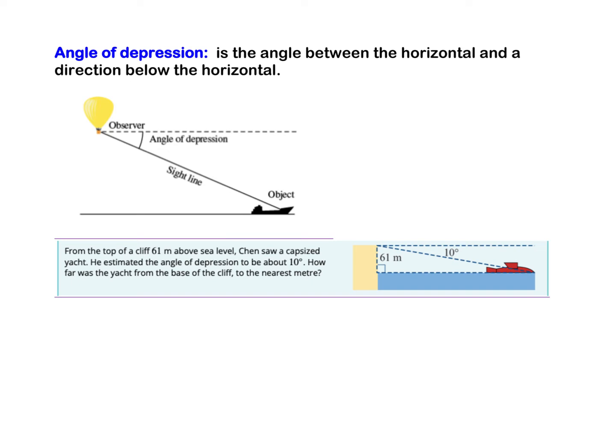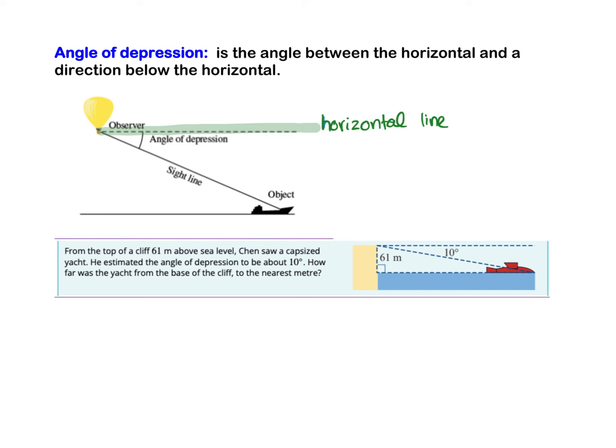So now we're going to look at angles of depression. That's when you're looking down on something. Here again, we're going to have this horizontal line, and you're going to have your person. So make sure you label this as the horizontal line. Angles of elevation and depression are measured from that horizontal line.